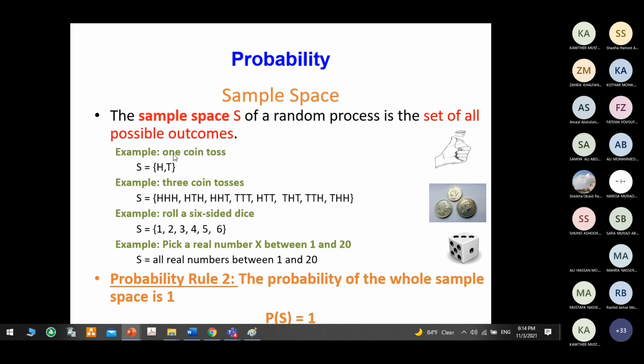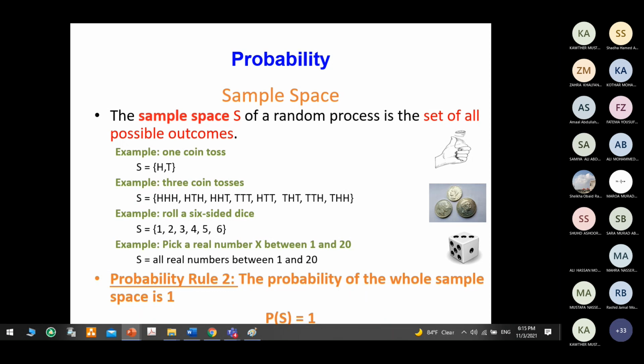You see here? 1 coin gives me either head or tail. 3 coins, these are my options because 2 to the power 3 is 8. So I have 8 options: head, head, head; head, tail, head; and so on. If I roll a 6-sided die, the sample space would be 1, 2, 3, 4, 5, 6.